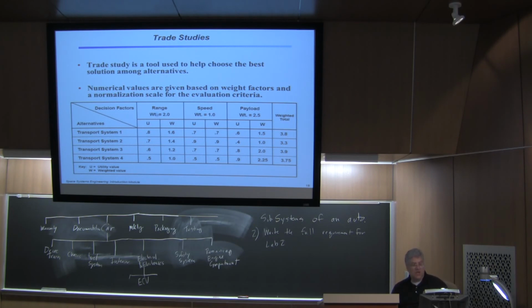For example, you'll say, this is my rocket, I want a certain range, and I'm going to give it some weight. For example, the weight will be 2.0 for range, the speed is 1.0, payload. This is just a way to compare different alternatives with some of the major design factors associated with it.